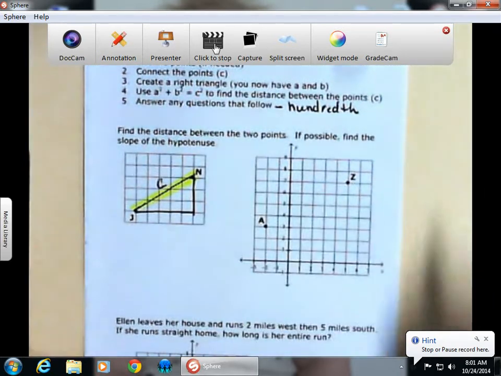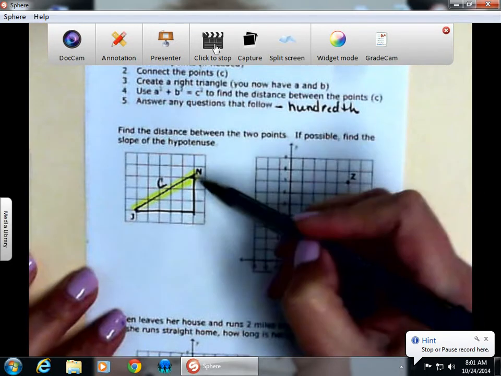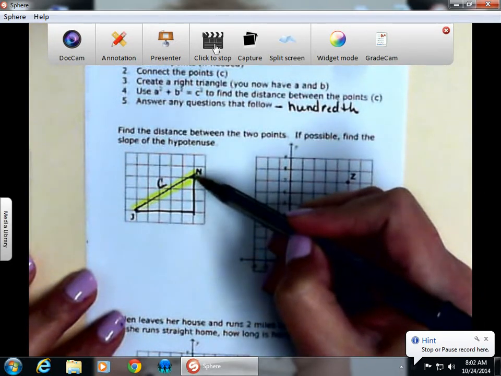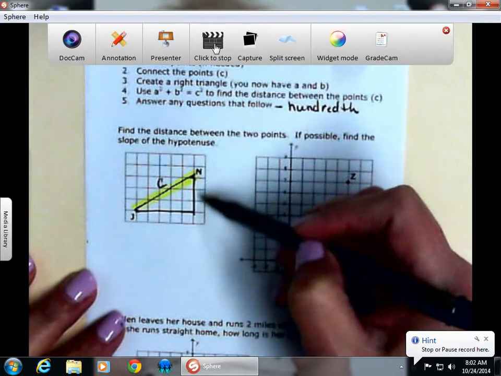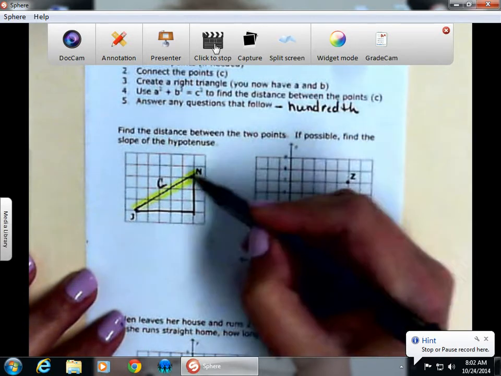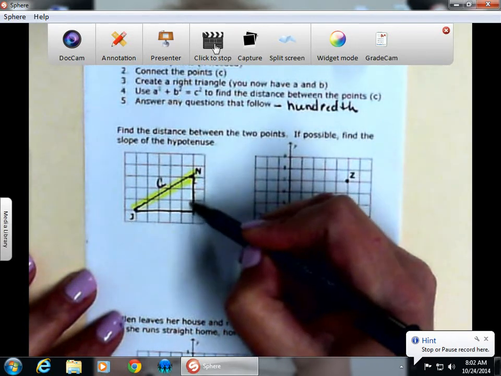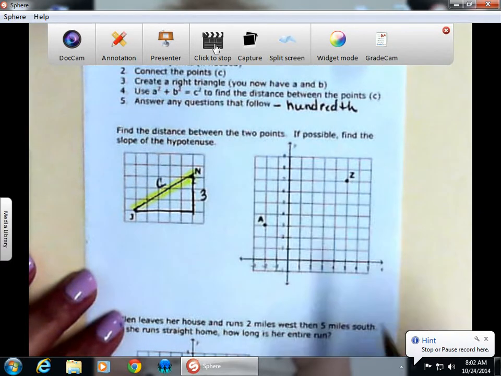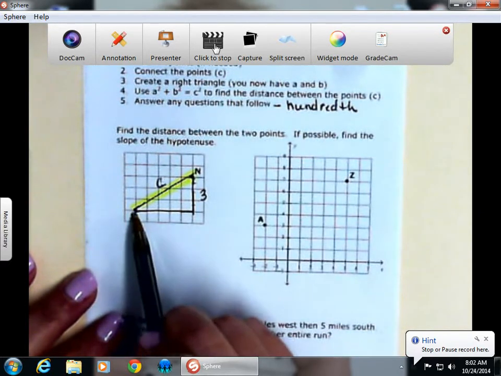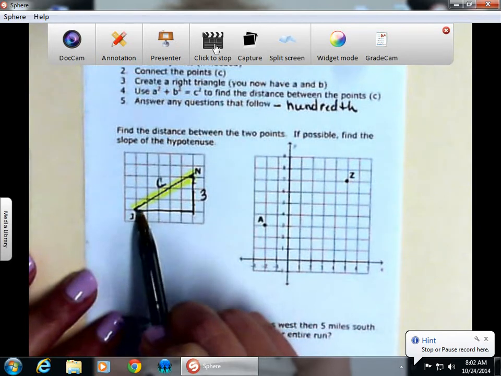Now we have the leg on the left side here. This makes a nice pretty right triangle, and it's 1, 2, 3 in length. J over to the corner is 1, 2, 3, 4, 5.